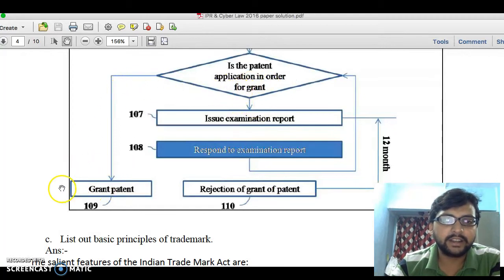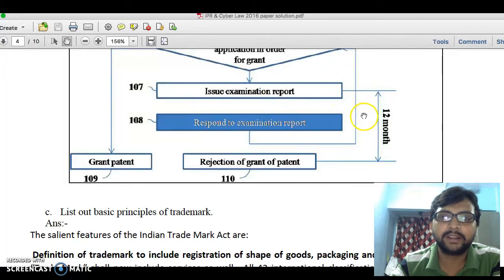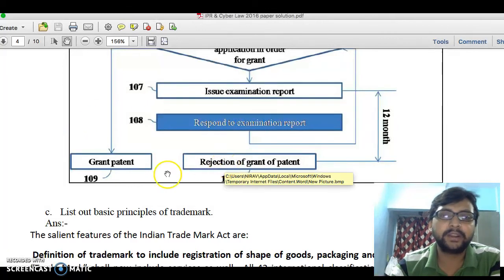If yes, then directly grant a patent and your idea is certified. If no, then it goes for an examination report, and you will have 12 months to respond to the first examination report. Within those 12 months, if your response is satisfactory to the IPO, then they will grant a patent, else they are going to reject it.